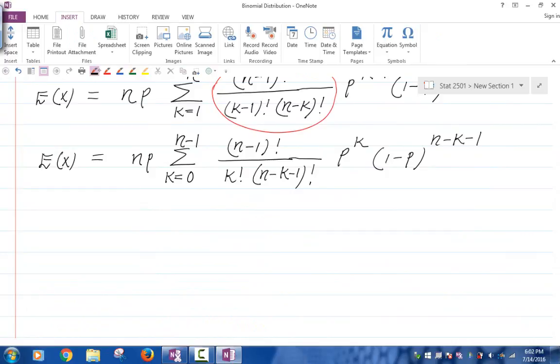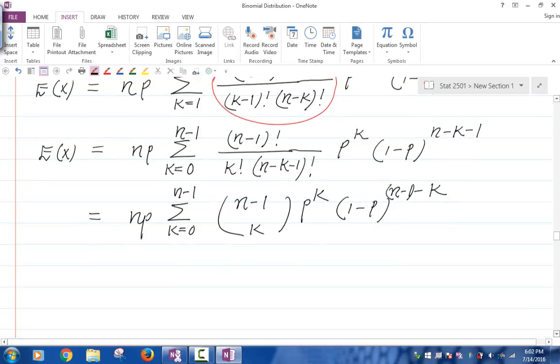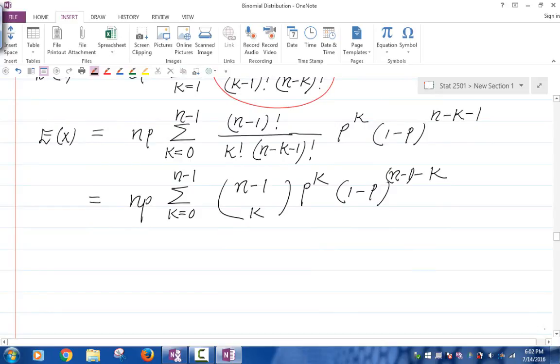Okay, so then notice what we have now. np summation k going from 0 to n minus 1, n minus 1 choose k, p to the k times 1 minus p to the n minus 1 minus k. Now notice that this is the total probability when we have n minus 1 trials.